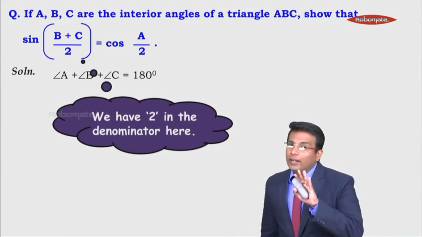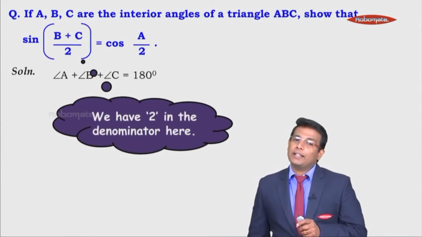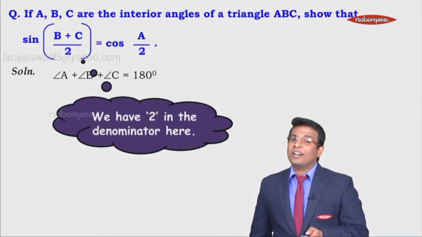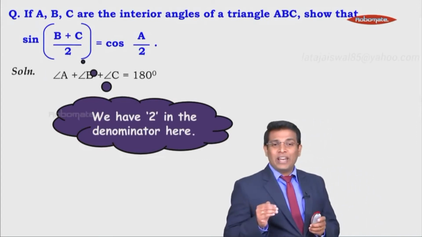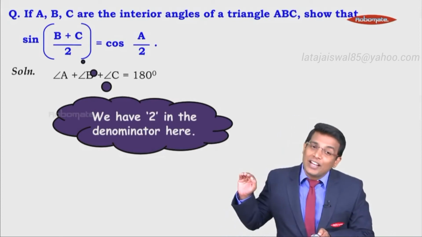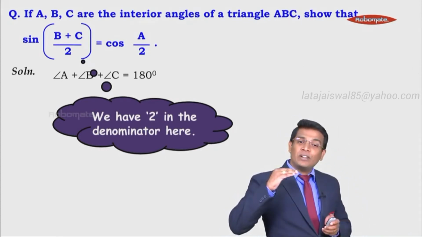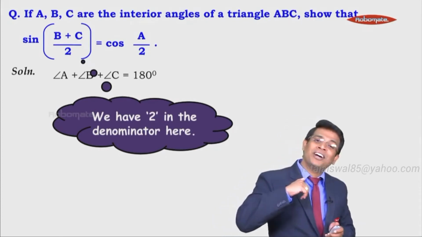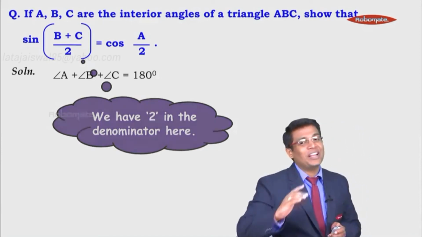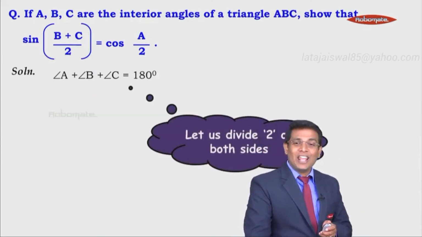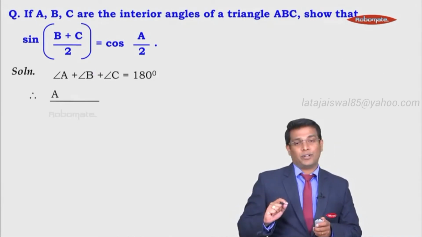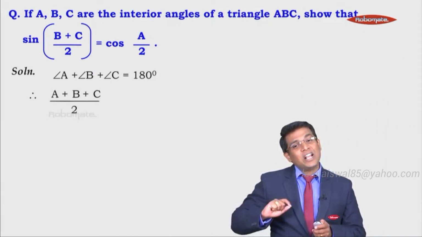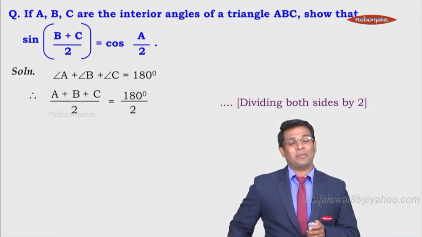Now, when you look at the proof, it says we want 2 in the denominator. So for getting 2 in the denominator, we are going to divide the entire equation by 2. That means we'll divide the left hand side by 2 and also the right hand side by 2. Let's do that. So we'll get angle A plus angle B plus angle C, this expression upon 2, is equal to, on the right hand side, 180 divided by 2.